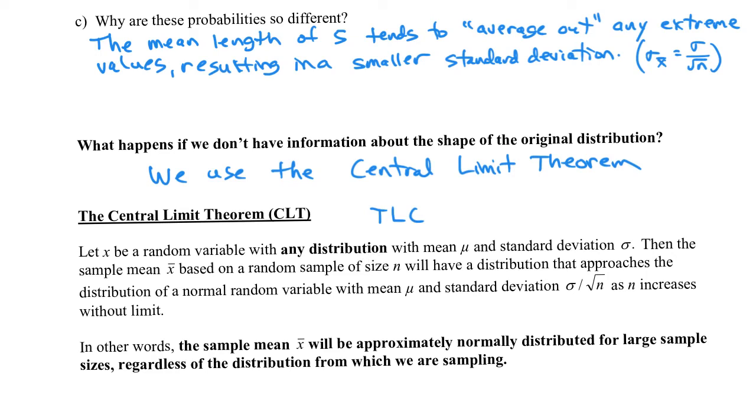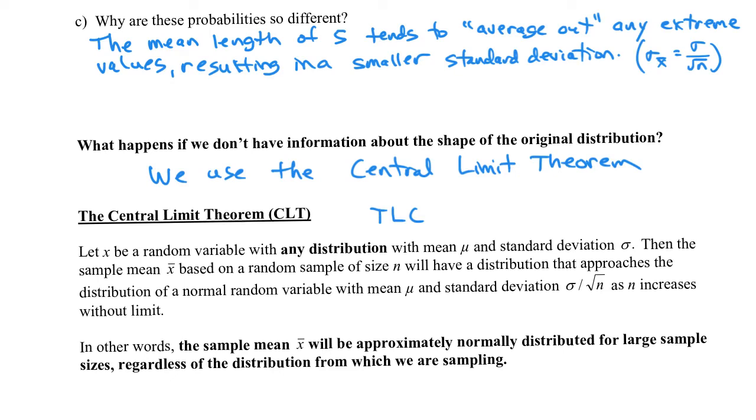But it has a mean of mu and a standard deviation of sigma. Then the sample mean x bar, based on a random sample size n, will have a distribution that approaches the distribution of a normal random variable with mean mu and standard deviation, same as before, sigma divided by the square root of n, as n increases without limit.